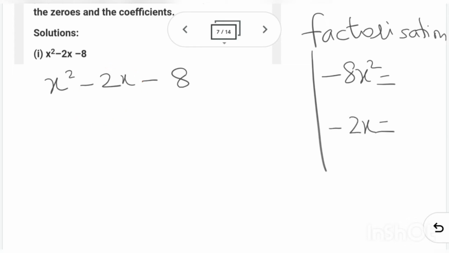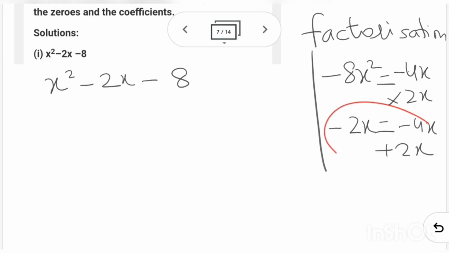Let's think of two numbers whose product will be minus 8x square and whose sum will be minus 2x. If we take minus 4x and plus 2x, on multiplication they give minus 8x square, and if we add them we get minus 2x.